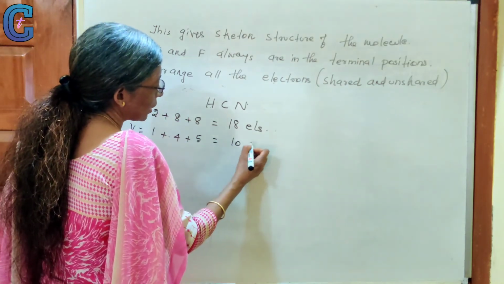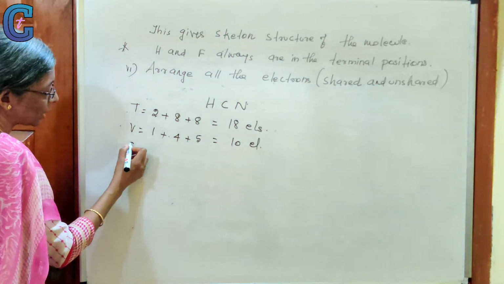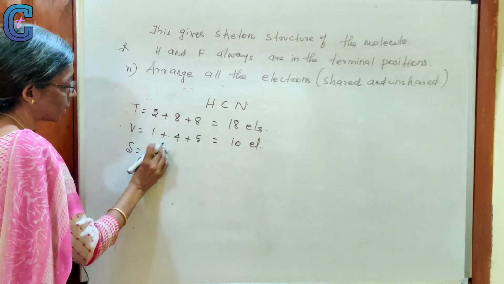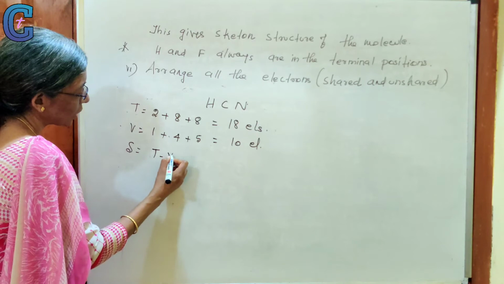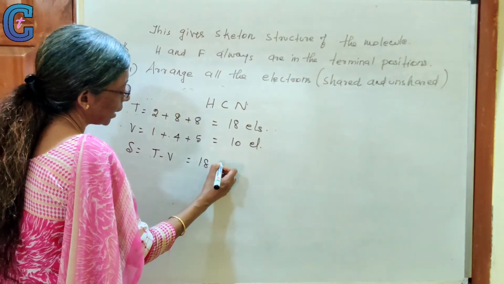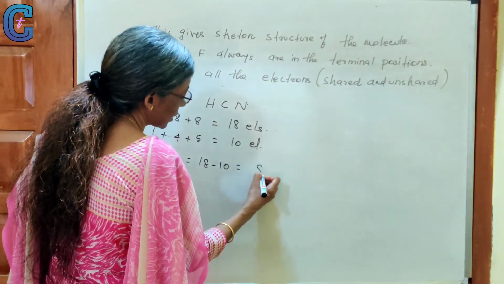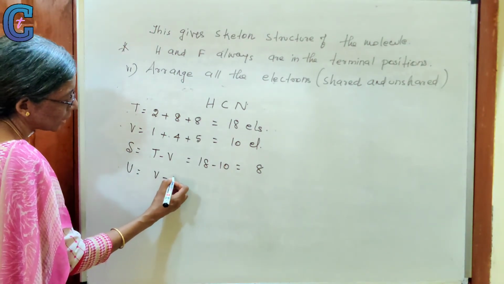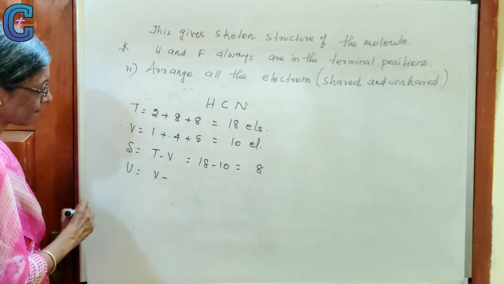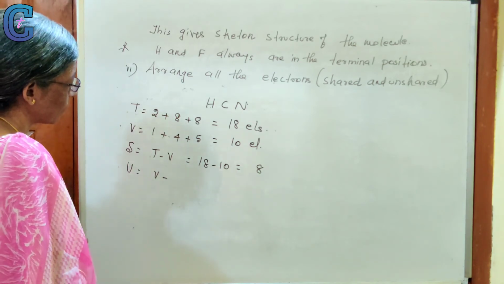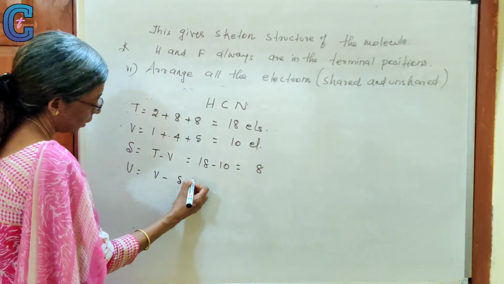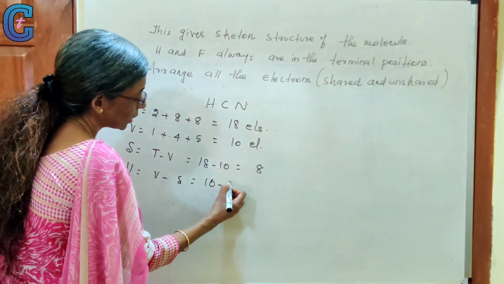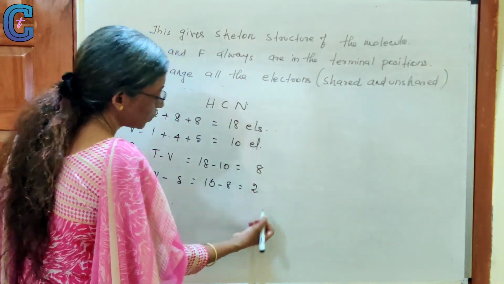So 10 electrons. Then shared electrons, T minus V, that is 18 minus 10 is equal to 8. Then unshared electrons, V minus S, is equal to 10 minus 8 is equal to 2.